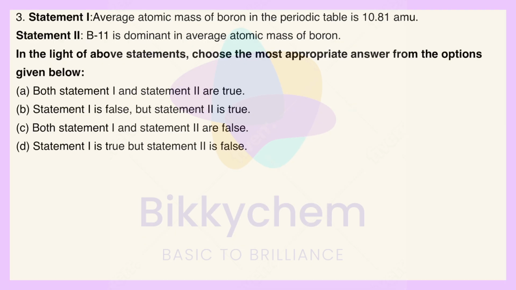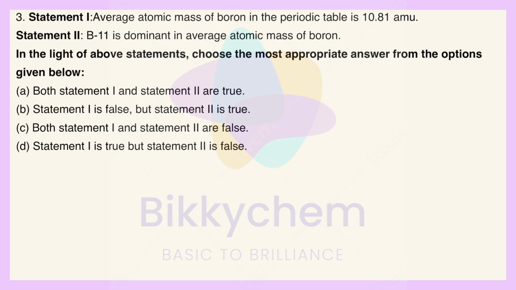Okay, the third question. Statement 1 is: the average atomic mass of boron in the periodic table is 10.81 AMU, and statement 2 is: B-11 is dominant in the average atomic mass of boron. From the options A, B, C, D, we need to take the correct one.